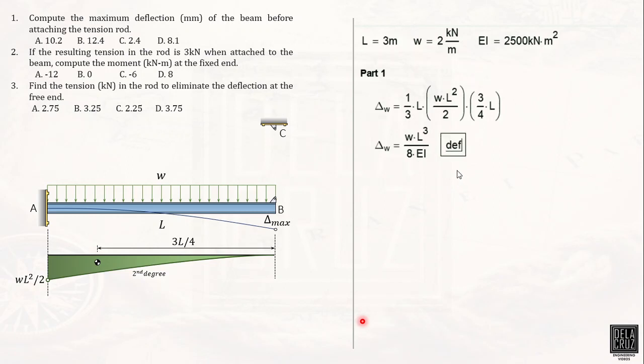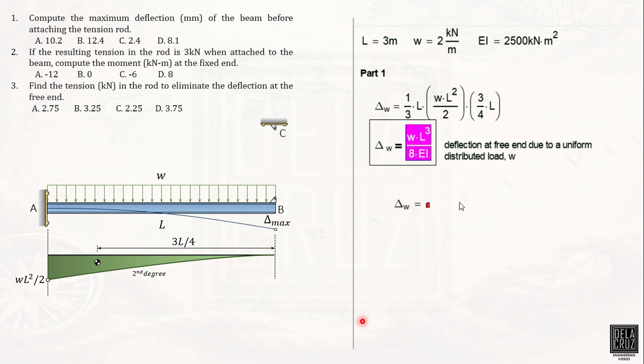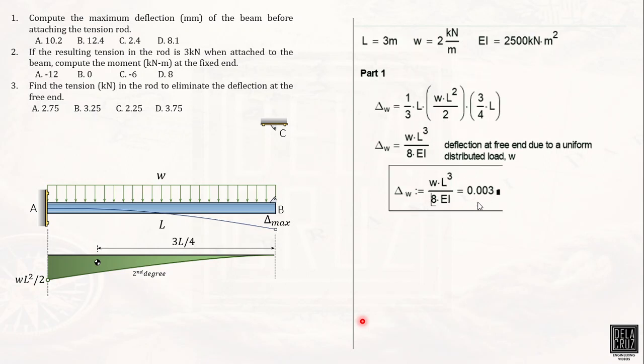Deflection at the free end due to a uniformly distributed load W. Now, using that formula, W is our maximum, of course. Let me copy it. This is MathCAD, which can easily handle the units, so I'll leave the units to you.